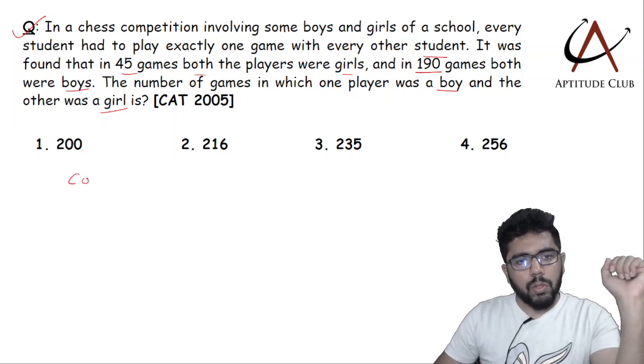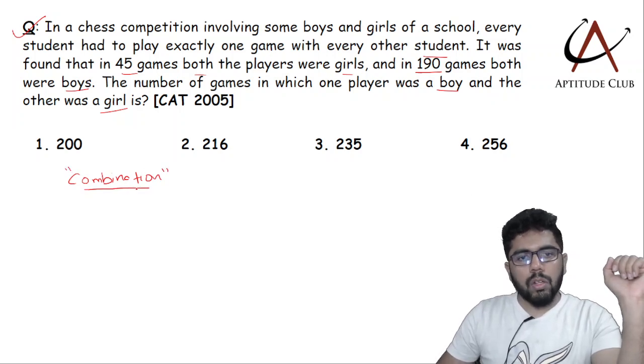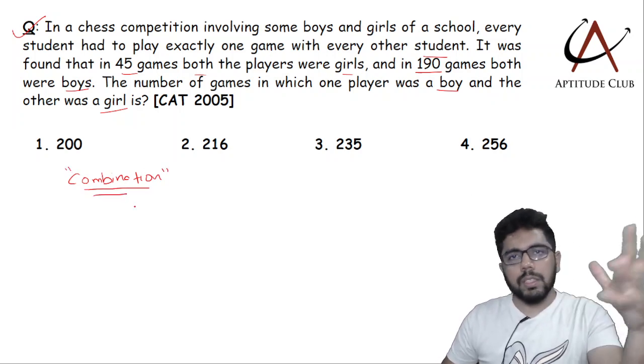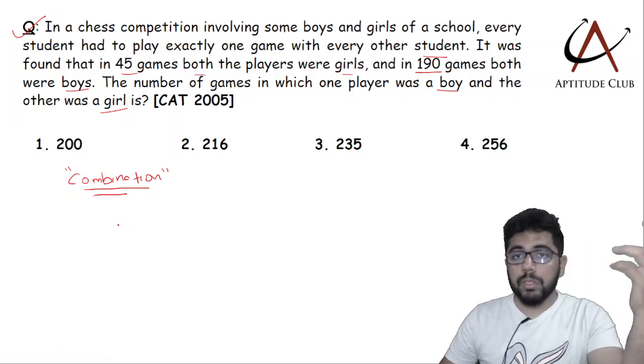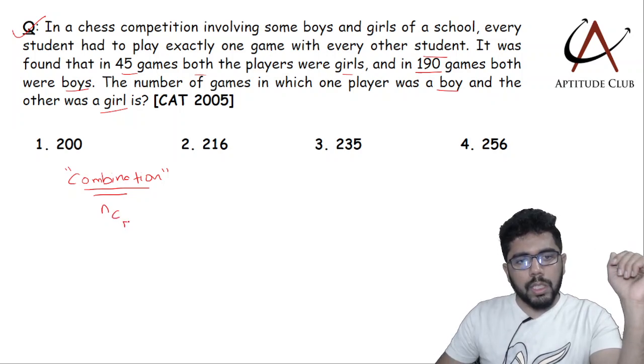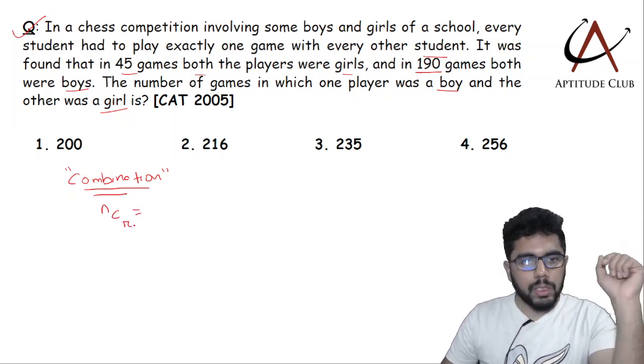Now, if you understand combination theory, then you can solve this question in a very easy manner. To give you the context of what combination is all about, all we need to understand is this NCR. What is the meaning of NCR?